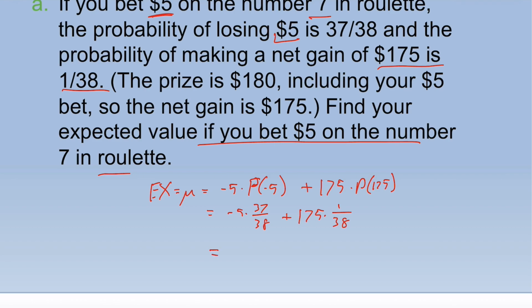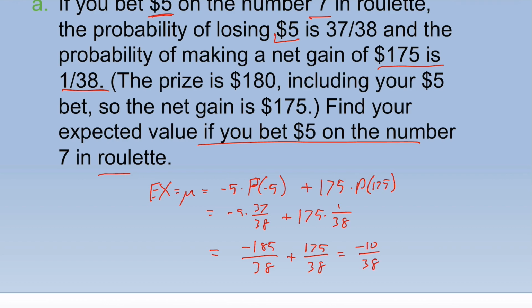Now 37 times 5 is 185. So this is negative 185 over 38 plus 175 over 38, which is negative 10 over 38.